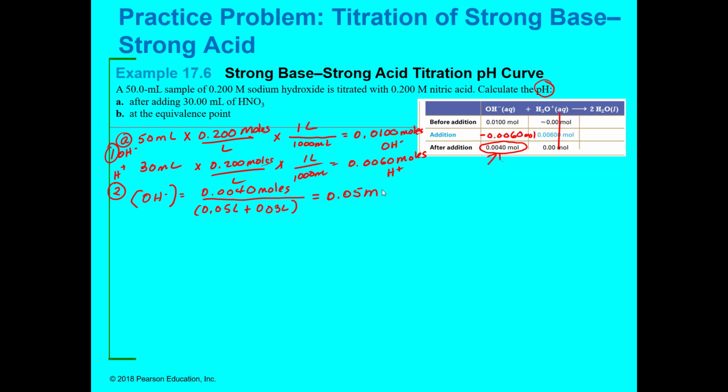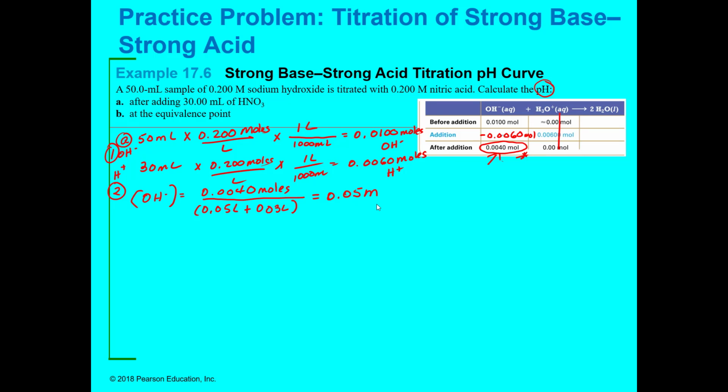Okay, let me go back through that. I had left over 0.004 moles of the hydroxide after I initially added 30 milliliters. Yes? That 30 milliliters was 0.006 moles, so I took 0.006 moles away from my original 0.010 and had 0.004 moles of hydroxide left.